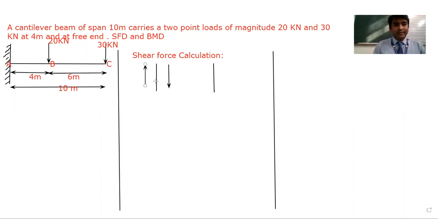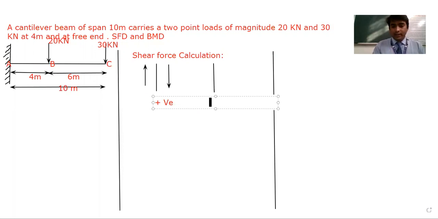Consider this is the XX section. The center line is showing the XX section and the two forces, one on the left side and one on the right side. If the right side force is downward and the left side force is upward, this is called the positive sign convention.